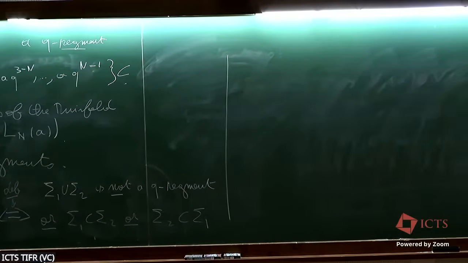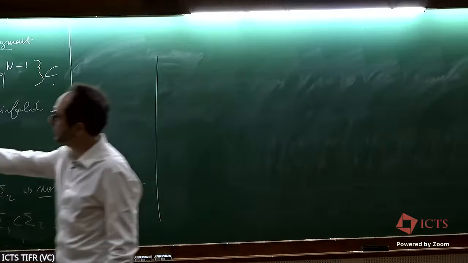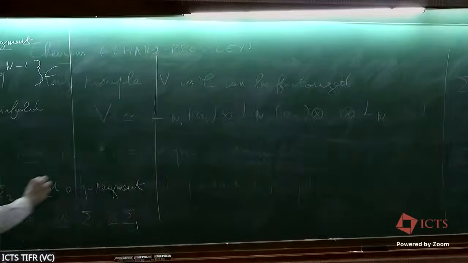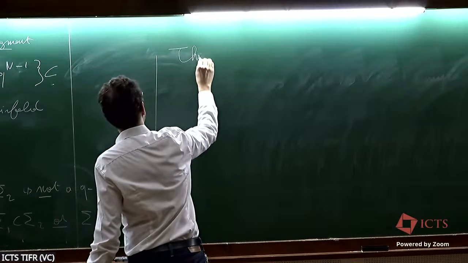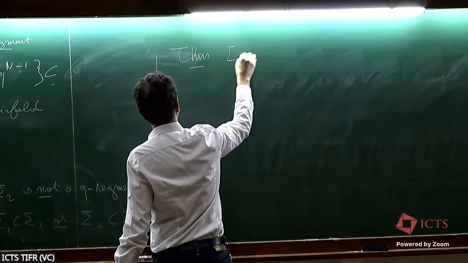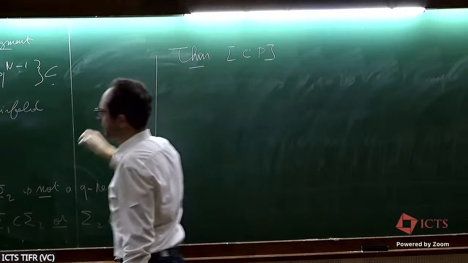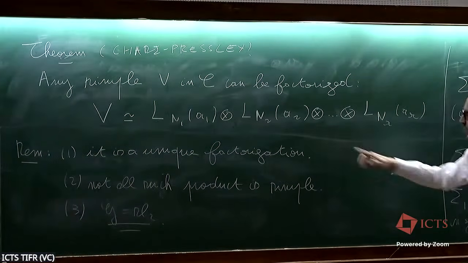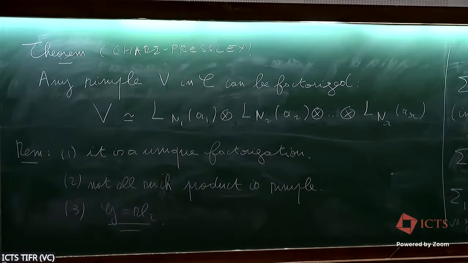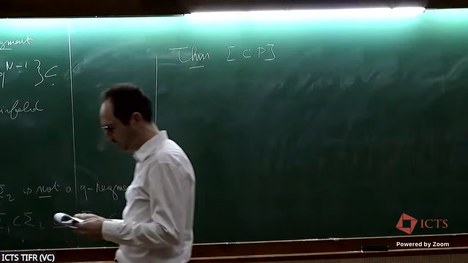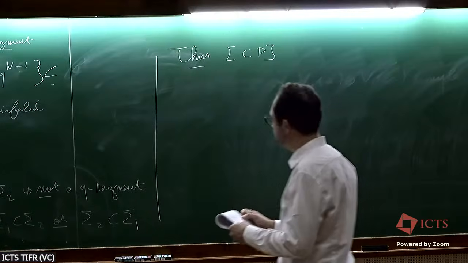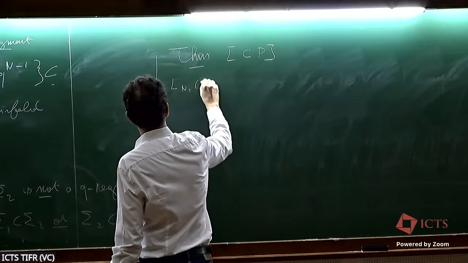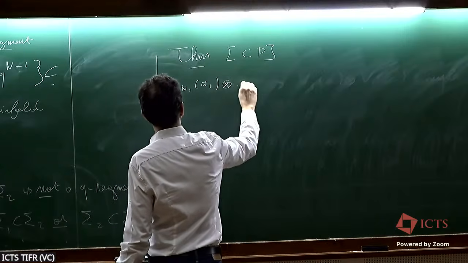Okay, and then the second part of this theorem is a characterization of the irreducibility of such a tensor product in terms of the combinatorics of these q-segments. So let's take this tensor product.